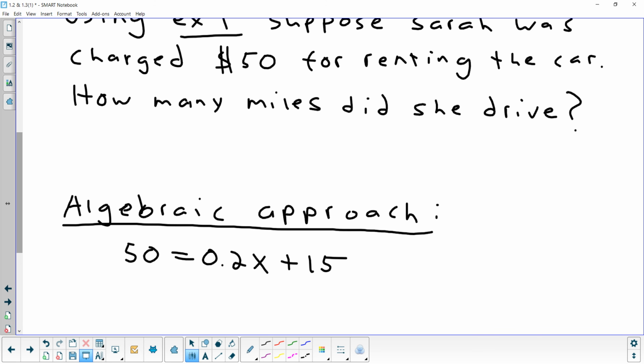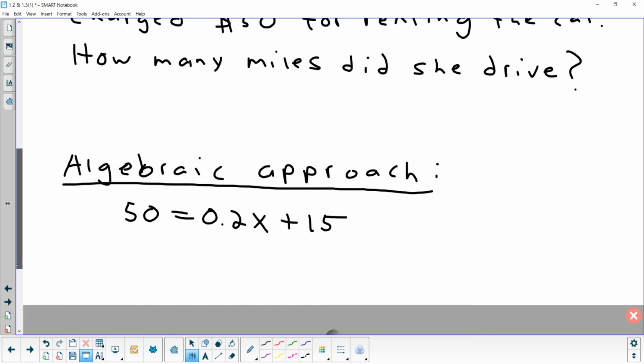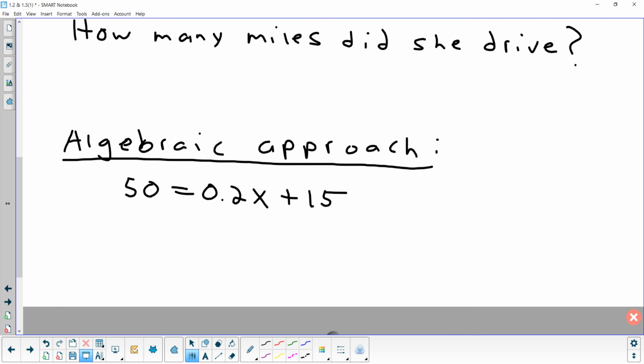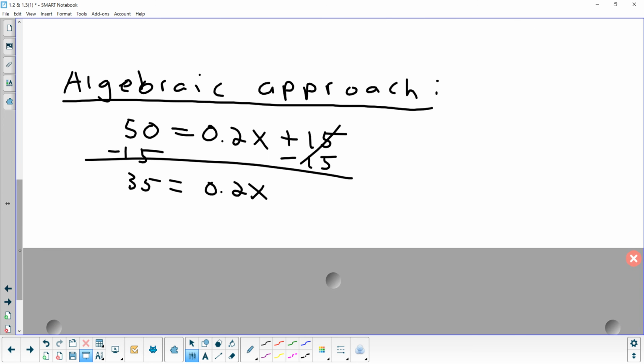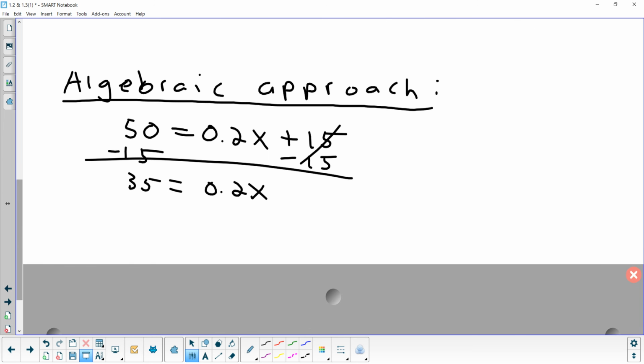And Francesca, what would be my next step to solve that? Subtract the 15. Yep, good. I'm going to subtract 15. So that'll give me 35 equals 0.2x. And Abigail, how about my last step? You divide by 0.2. Yep, you can divide by 0.2.